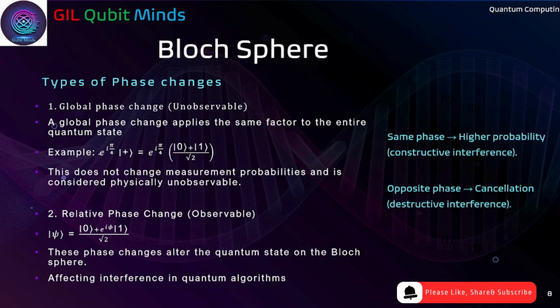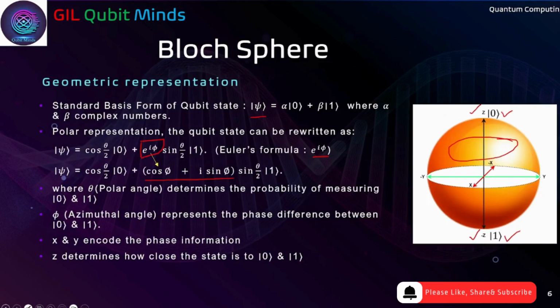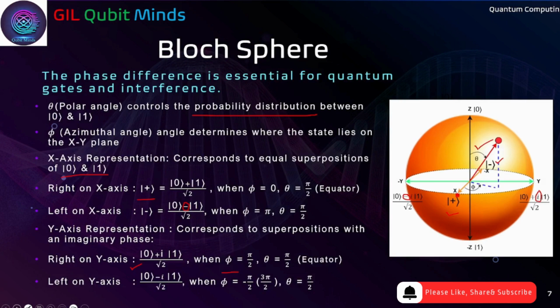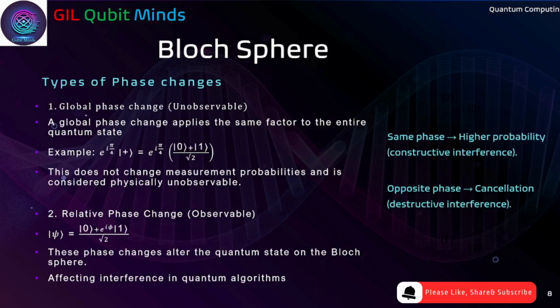In the initial video we said why we multiply with only this part, e to the i phi with sin theta, not with 0, because there are two phases. Here the x and y axes play the phase change role, and z plays the 0 and 1 probability role. If we apply a global phase change, we cannot observe it.